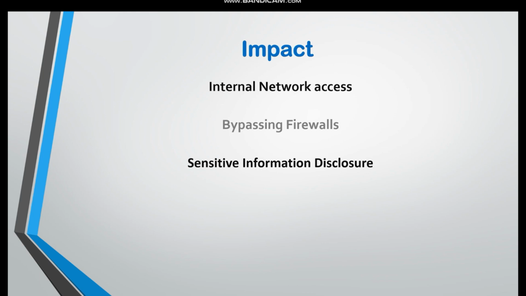In full response SSRF, we have seen how sensitive information is disclosed. Next is remote code execution, which is possible, and another one is denial of service, also known as DoS, which is also possible. There are many more impacts.